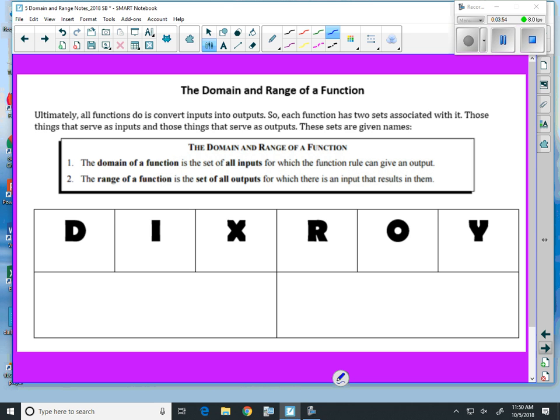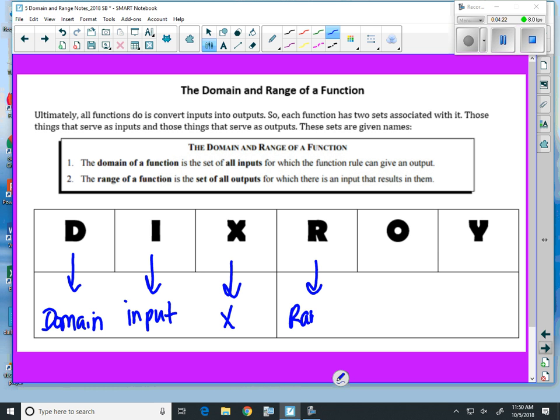When we talked about functions, we talked about x values being what? What were other names for x values? Input. So we have x values, we have input. What do you think the D stands for? Domain. Good job. What about R?